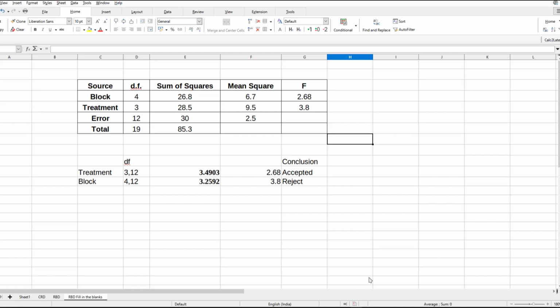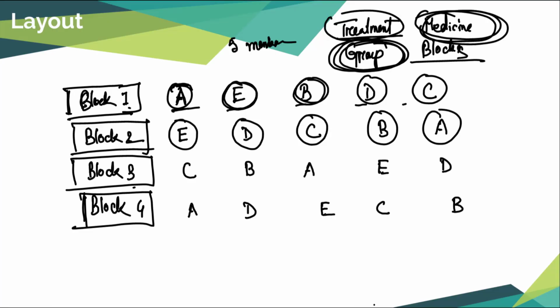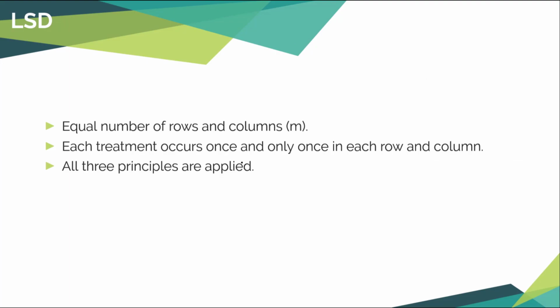The next design that we will be discussing is LSD, right? So LSD is a very special kind of RBD, or a special kind of design, because it will have an equal number of treatments and an equal number of blocks. So everything will be equal here. It is a very homogeneous kind of design.